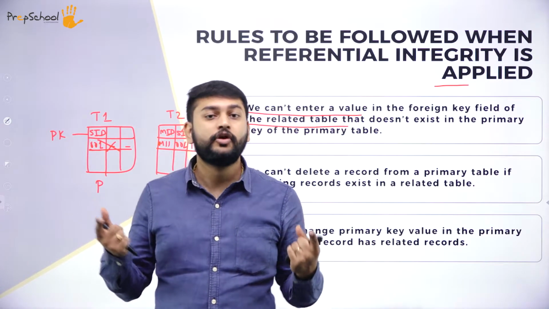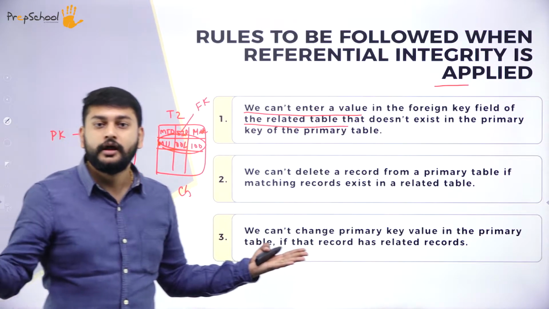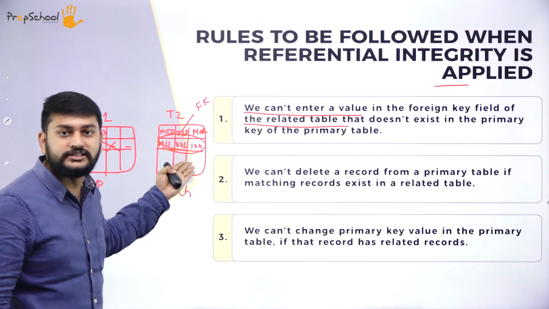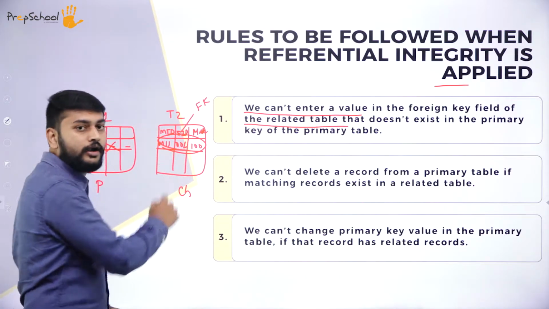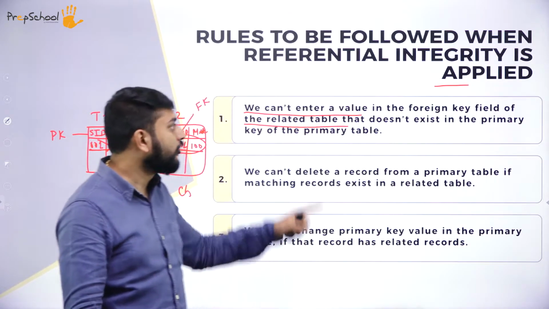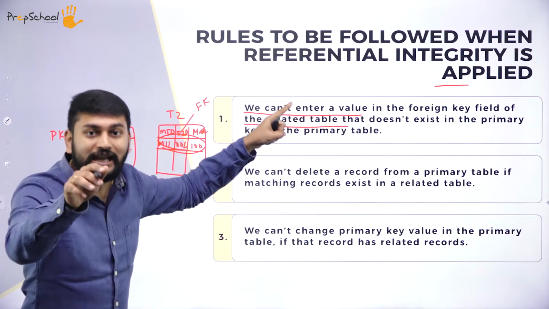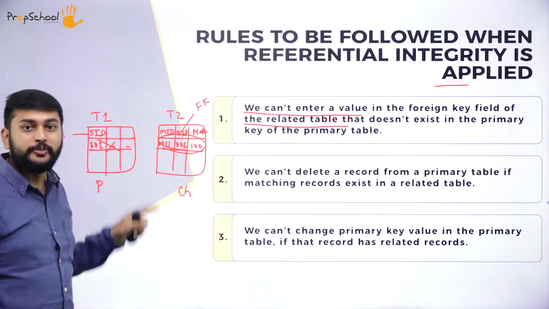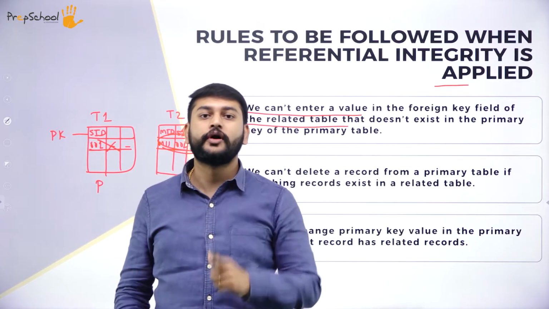I would have this data but not know which student it belongs to. I know I have stored the marks but I don't have the student information. What is the use of keeping this data? To avoid such problems, we have the concept of referential integrity. Referential integrity will not allow you to delete the data from the main table when you have related data in the related table. That is what you have to understand.